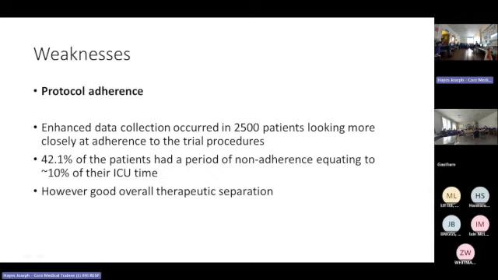There was some enhanced data collection in 2,500 of the first patients randomized, looking more closely at adherence to the trial procedures. And 42.1% of the patients had a period of non-adherence, equating to 10% of their ICU time. But for me, because there was good therapeutic separation, I don't think this was a particularly bad weakness.